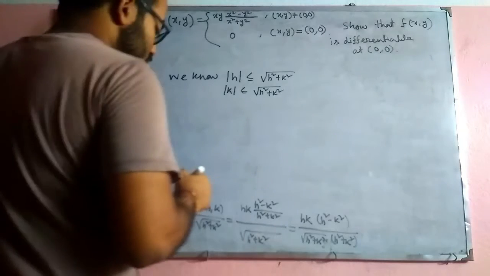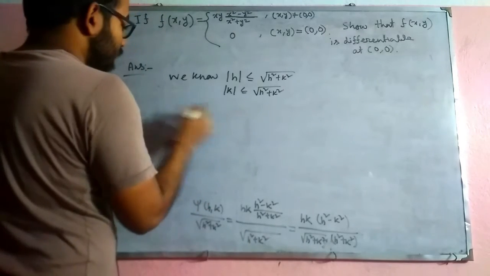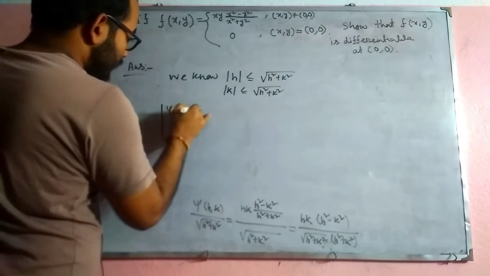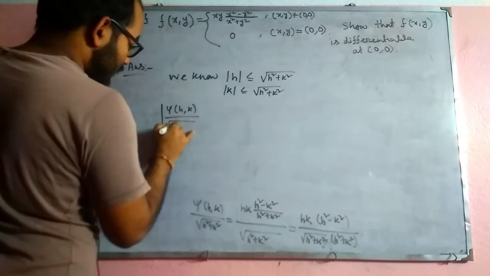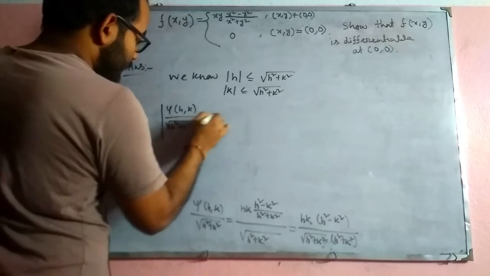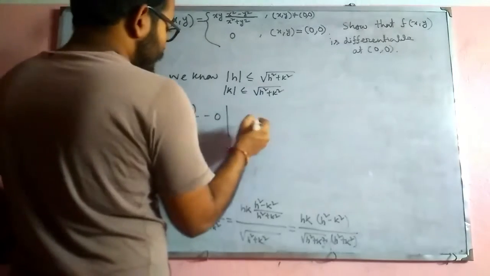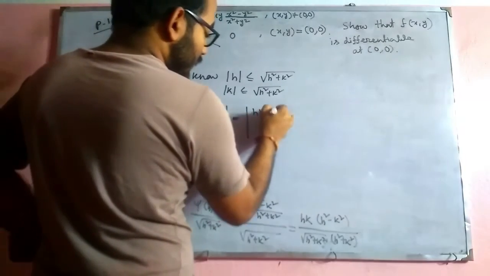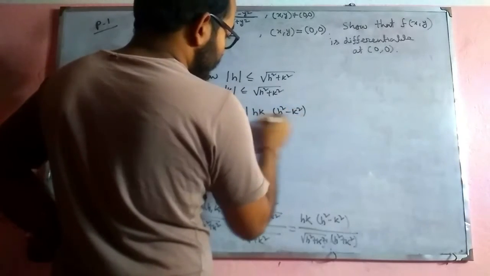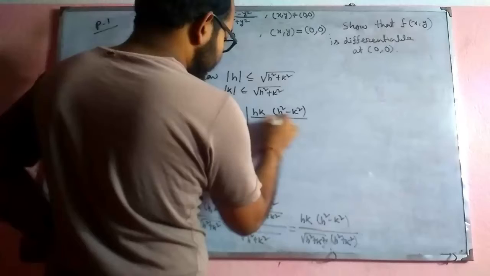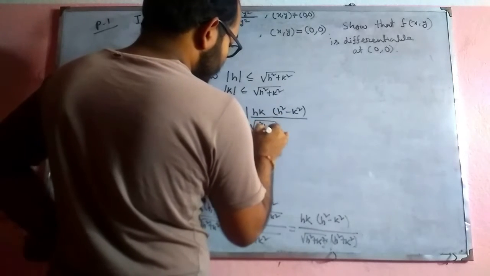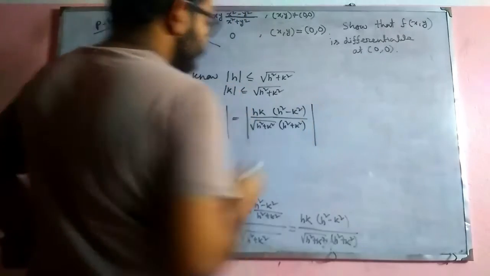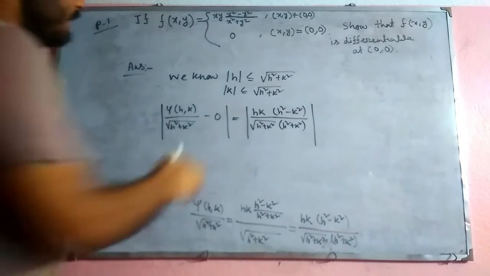So psi of h comma k by root of h square plus k square minus 0 is equal to h square minus k square. Now we will apply these inequalities.